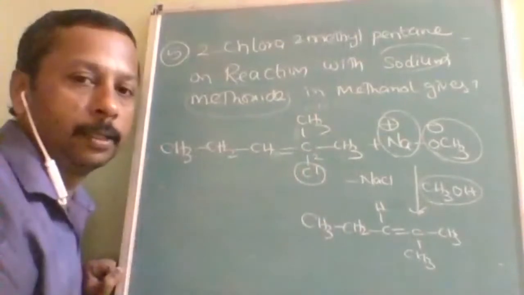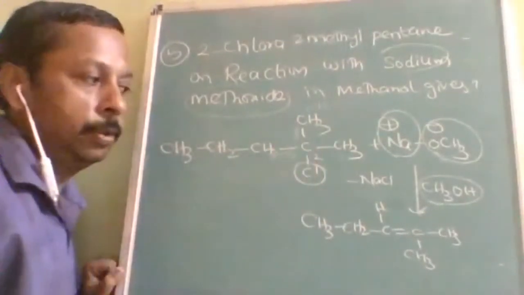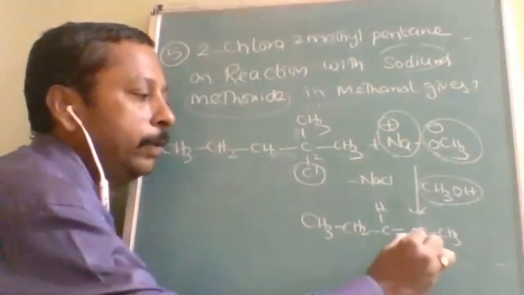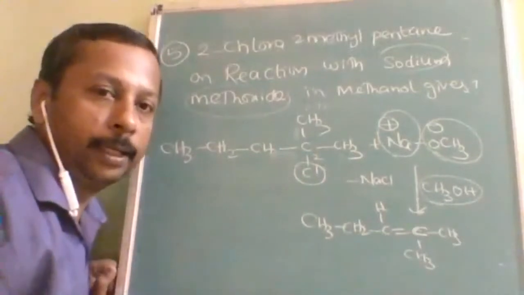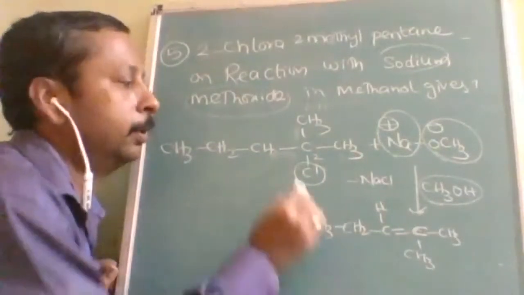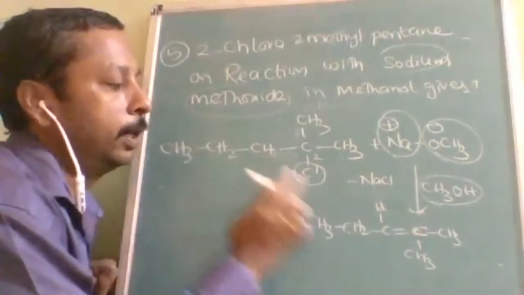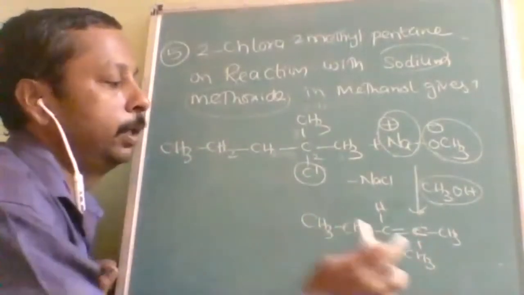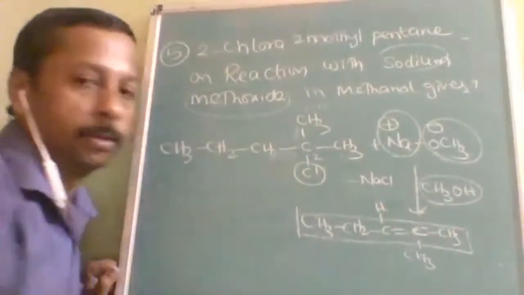Three side chains. According to the elimination rule, the alkene with the maximum number of side chains, the more alkylated alkene, is more stable. So that's why I have removed chlorine from this side and hydrogen from this side. So this is the product, it is possible.